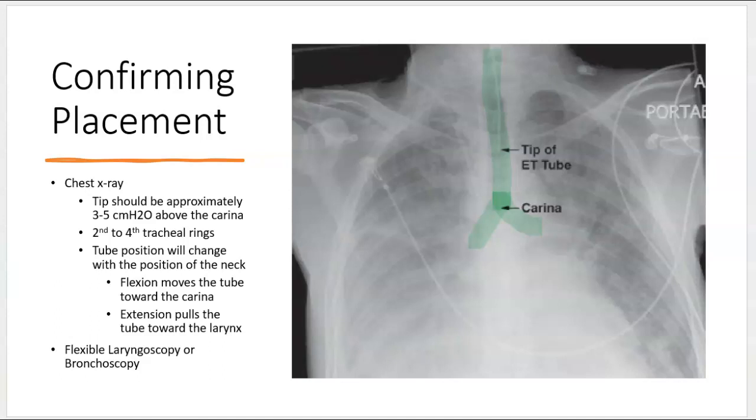So where these bronchi meet is considered the carina. So I want you typically to see that the tip of my ET tube ends about 3 to 5 centimeters above the carina. This leaves the tip of the tube right about the 2nd to 3rd tracheal ring, which is a good position.